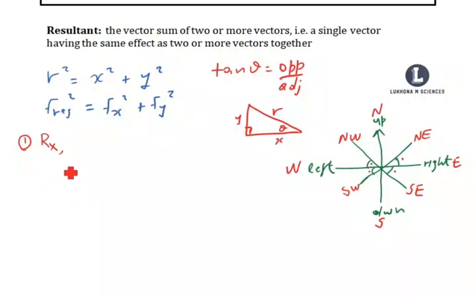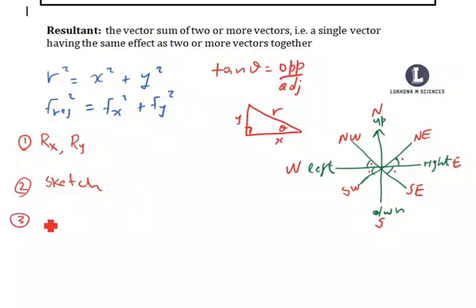Then number 2, you also combine all the y forces, so you will have only 2 forces. Then these forces, you are going to represent them on a Cartesian plane. Then we sketch x and y.